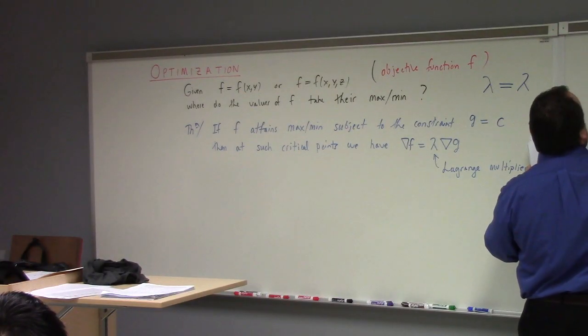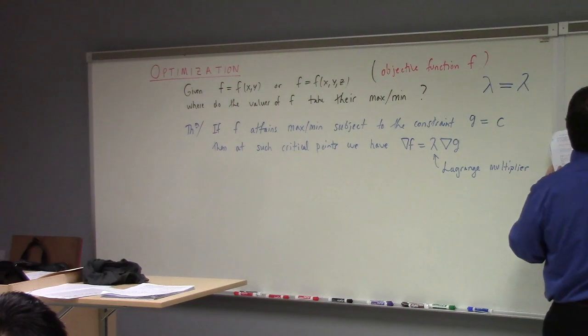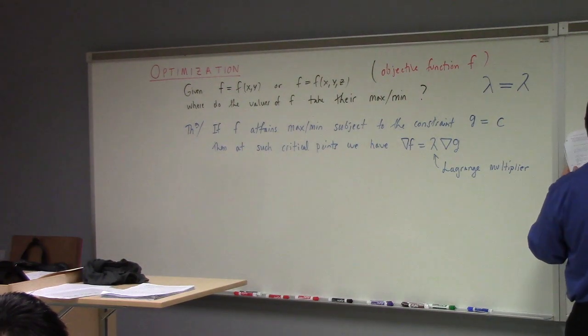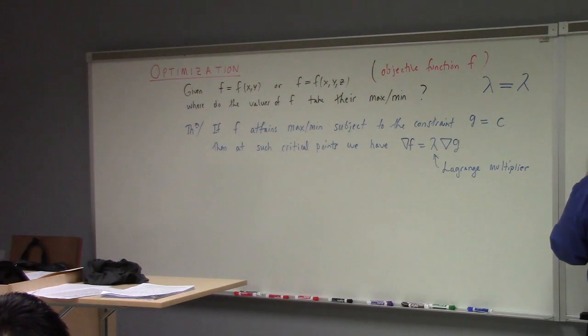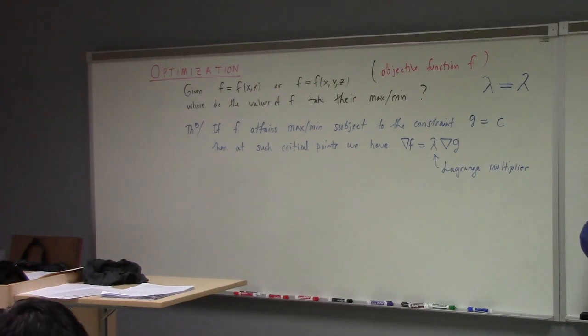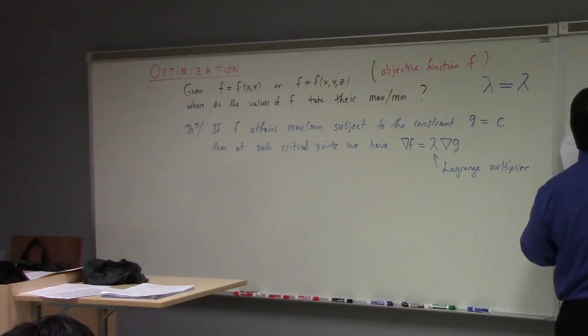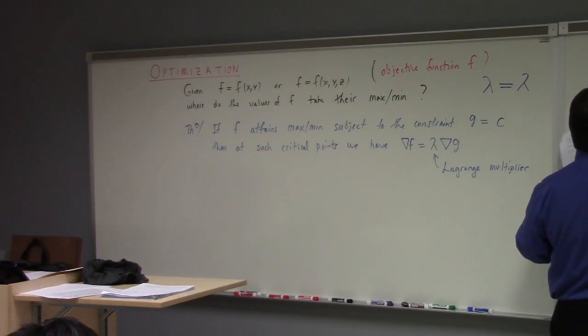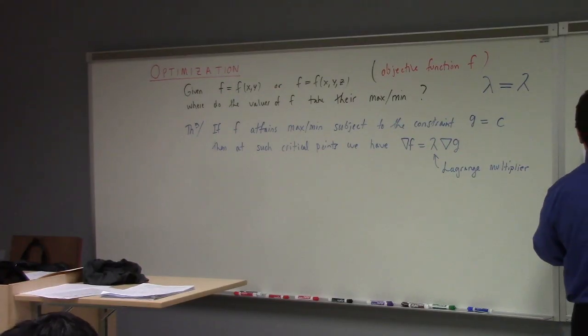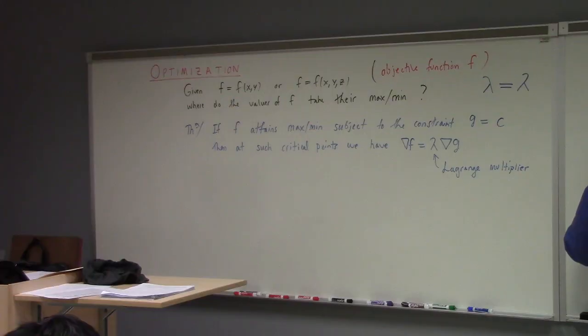Suppose we're looking at f of x comma y equals x squared plus 3y squared, and we want to find extrema of f on the unit circle.